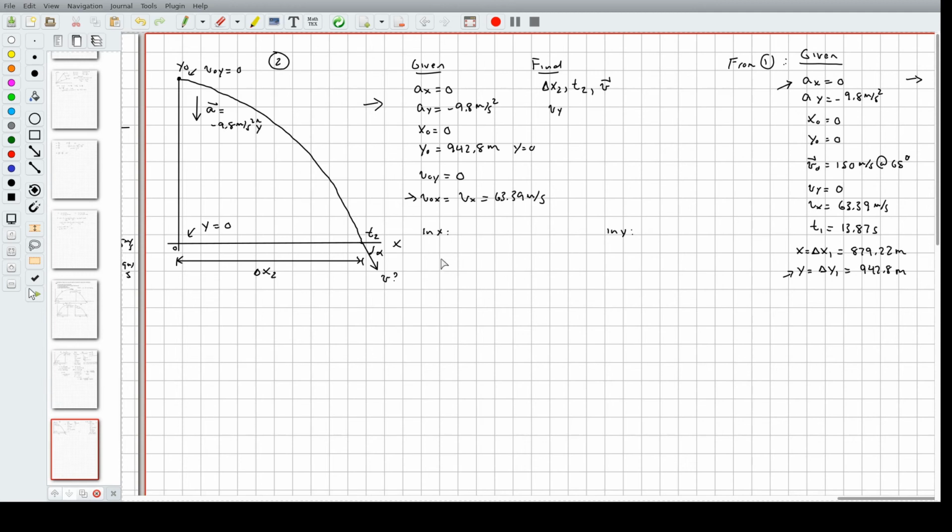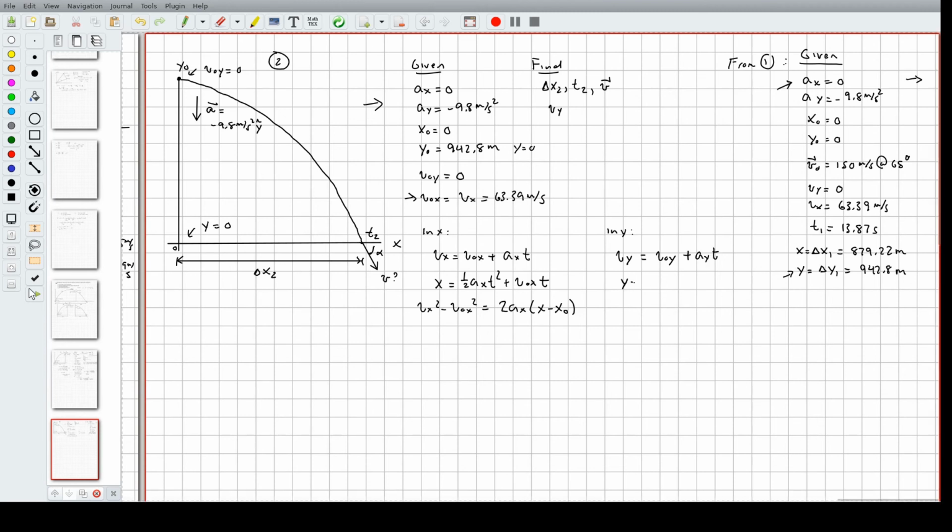Okay, so let's write our equations down. I have Vx is equal to V naught x plus Ax times t. I have x is equal to 1/2 Ax t squared plus V naught x times t. I have Vx squared minus V naught x squared is equal to 2Ax times x minus x naught. Now in y, I have Vy is equal to V naught y plus Ay times t.